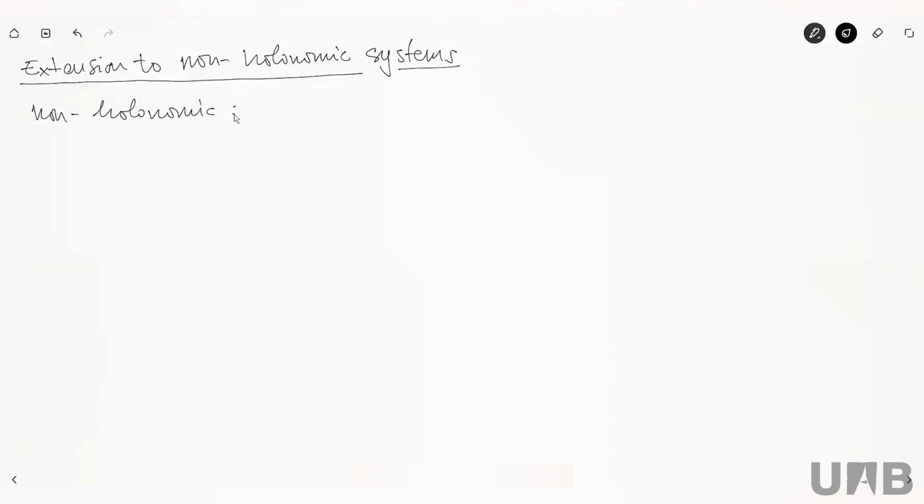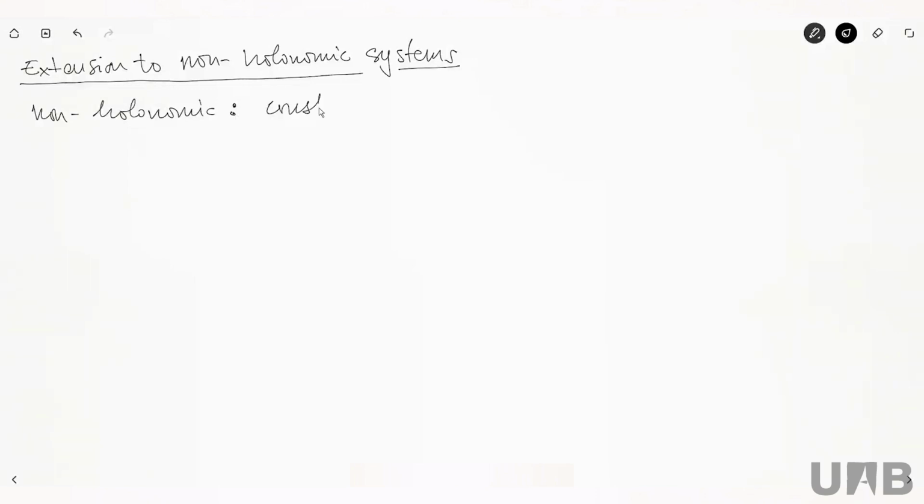The holonomic systems were those in which the constraints did not depend on velocities. Remember? The constraints were just some functional relationship between the coordinates. Some condition that did not involve the velocities. Non-holonomic are those that do involve velocities.